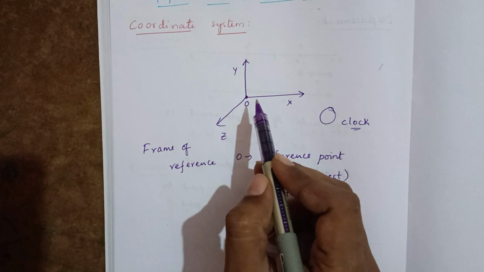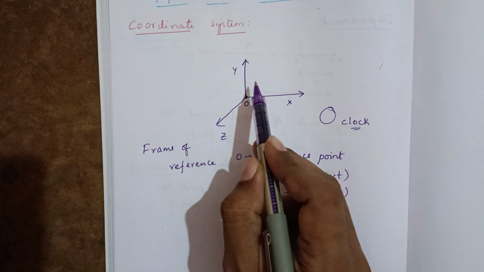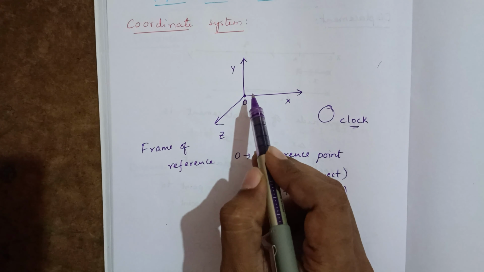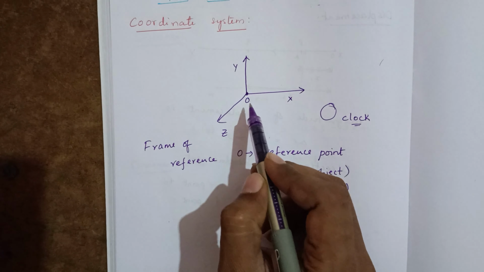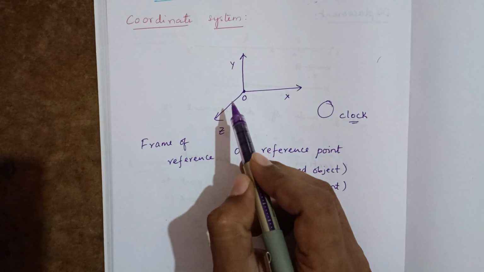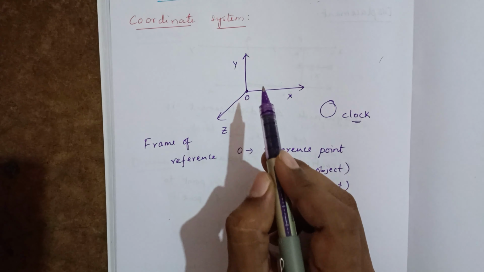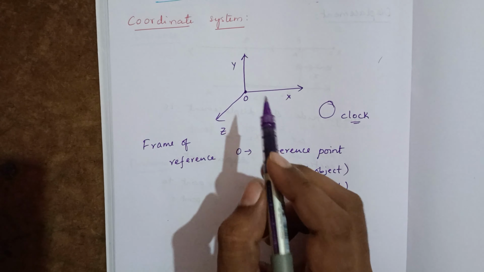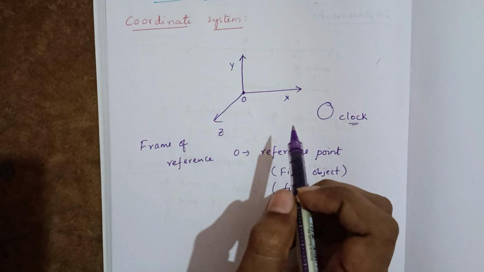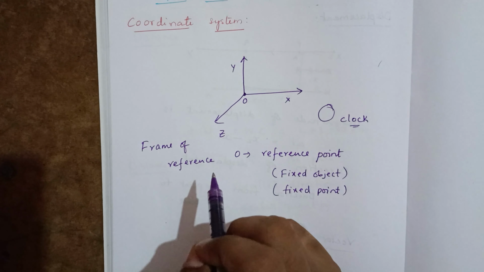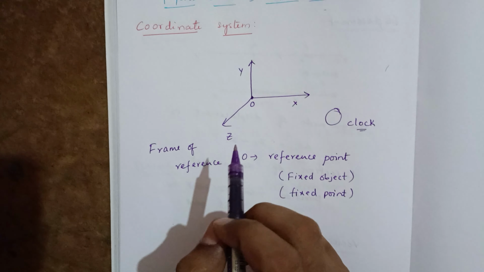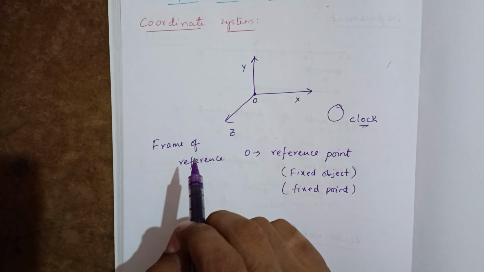If one or more coordinates of an object change with time, then we can say the body is in motion.